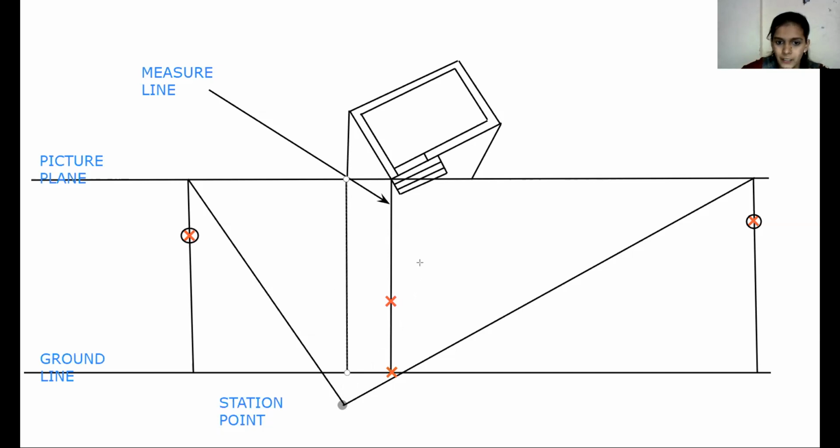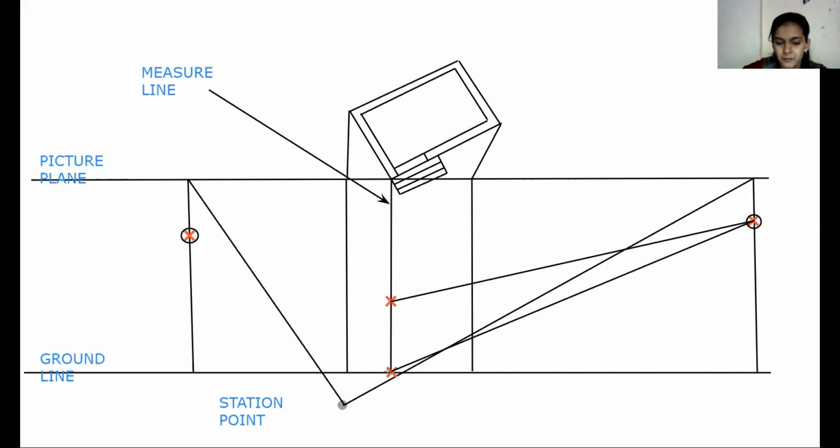And I'm going to draw vertical lines from that. And I'm joining these lines as we have done in part 1, because we need to join all the marked points with the left and right vanishing points.